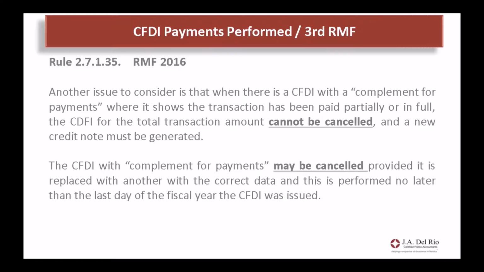So here we are going to have to review at the end of the year that all of the complements for payments are done correctly. Otherwise, if we move to the following year, we cannot go back and correct those complements.